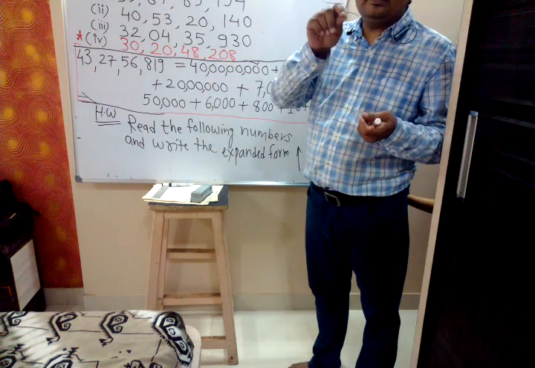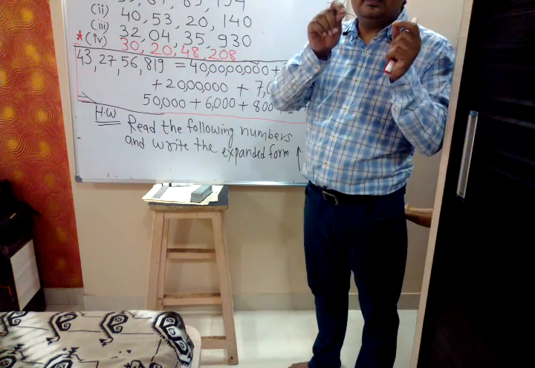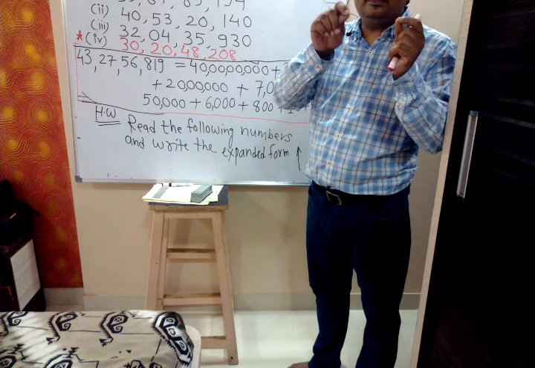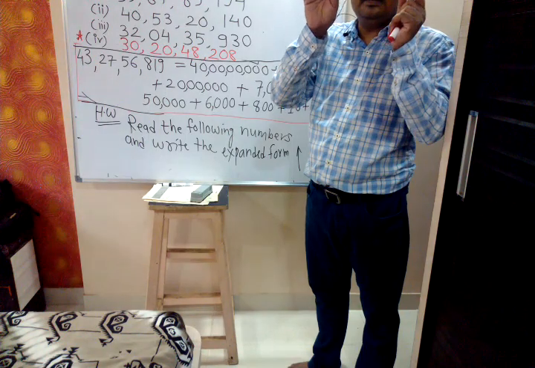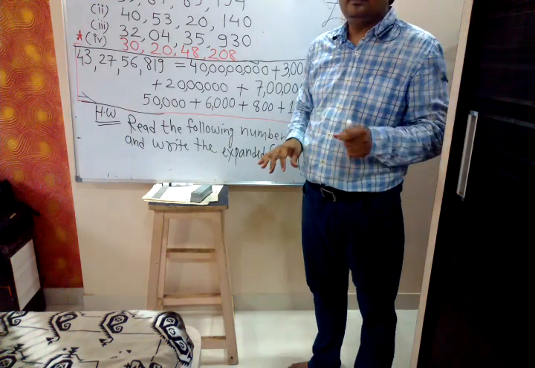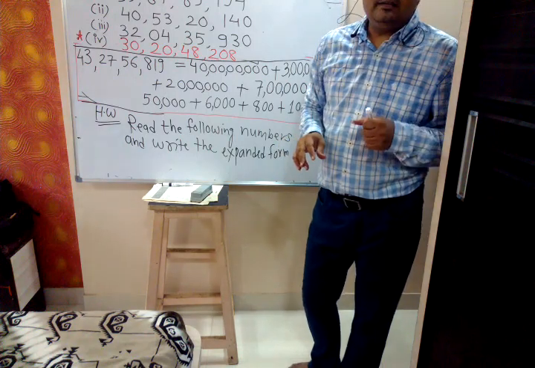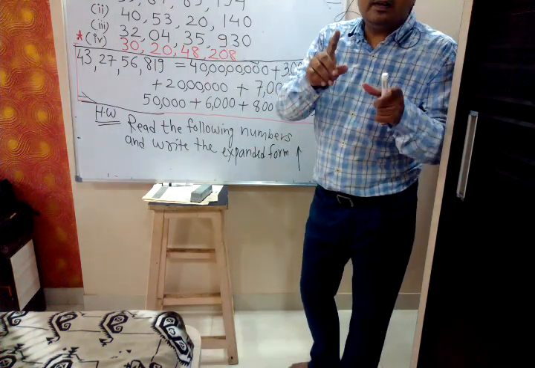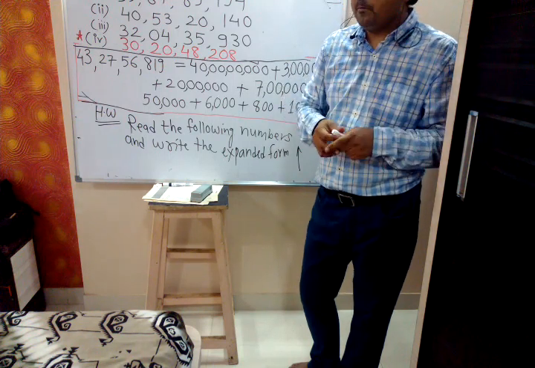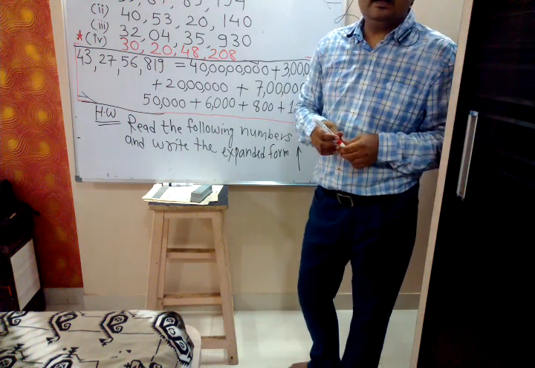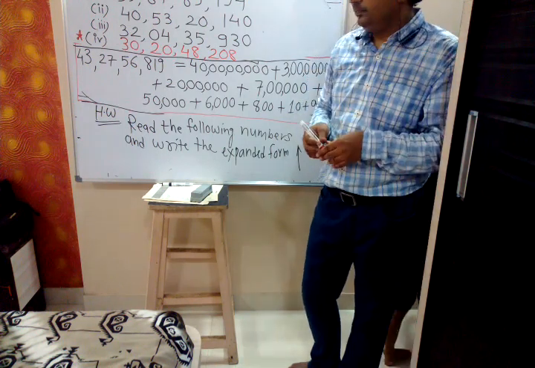The last problem I have marked with a star, which means if you are not alert, you will definitely make a mistake. So be very alert and solve that problem. All these are given in the Indian system of numeration, so first place that number, and then read it and write the expanded form.